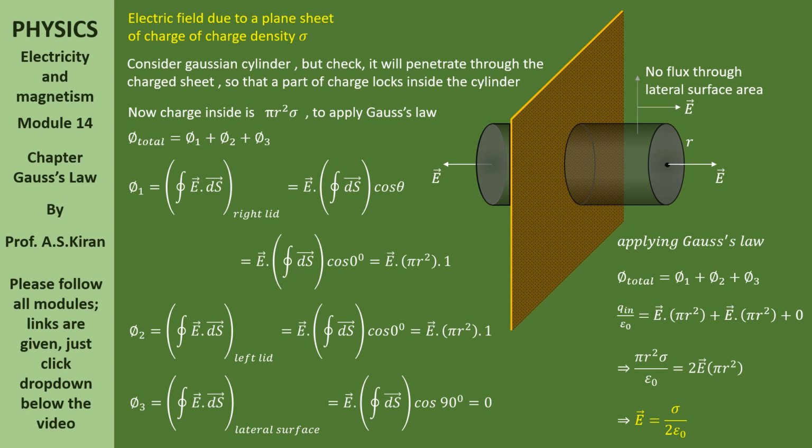So now pi r square sigma by epsilon naught is equals to 2 E bar pi r square, which implies E bar is equals to sigma by 2 epsilon naught. So with respect to this plane sheet, the electric field is E bar is equals to sigma by 2 epsilon naught.